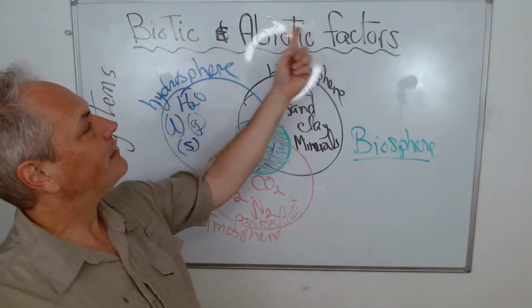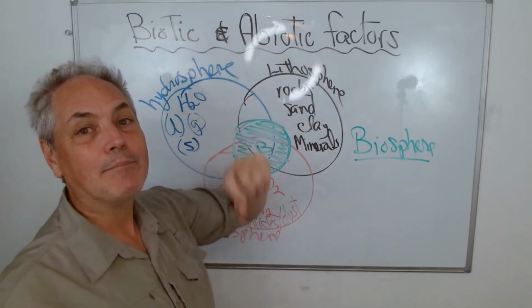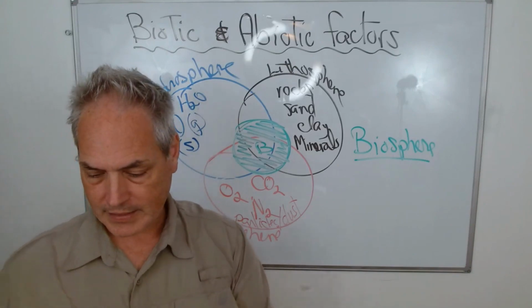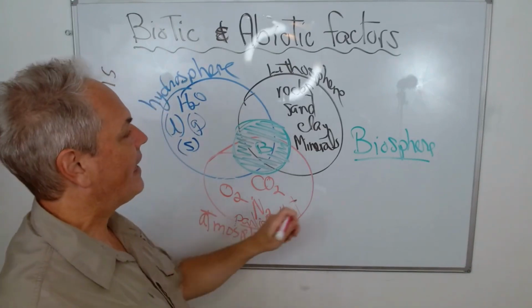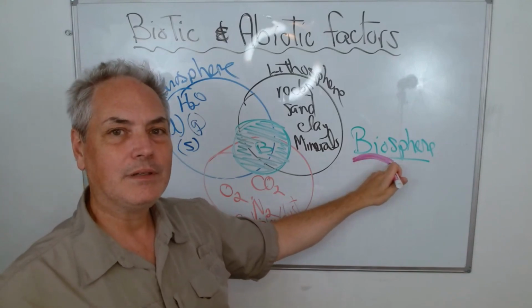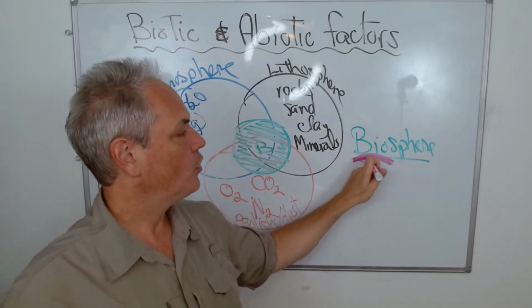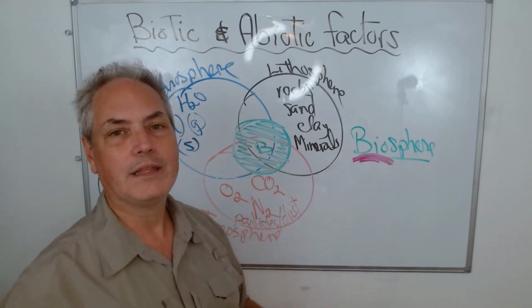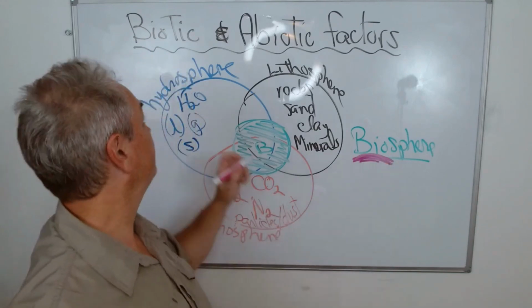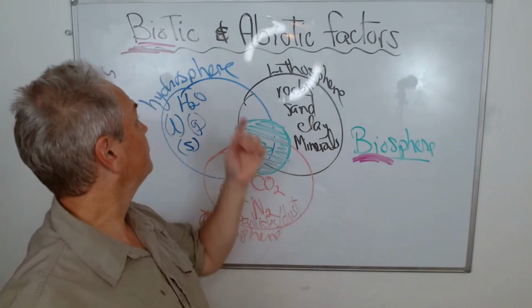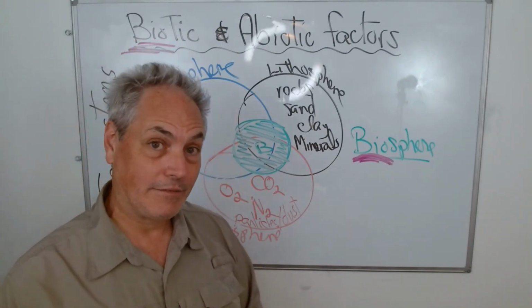Now, we also talked in class about biotic and abiotic factors. So when we think of biotic, let's see if I can have a marker. When we have living organisms, it's about biology. We want to take care of the biosphere to be there for the biodiversity. Therefore, everything that is living is what we call a biotic factor.